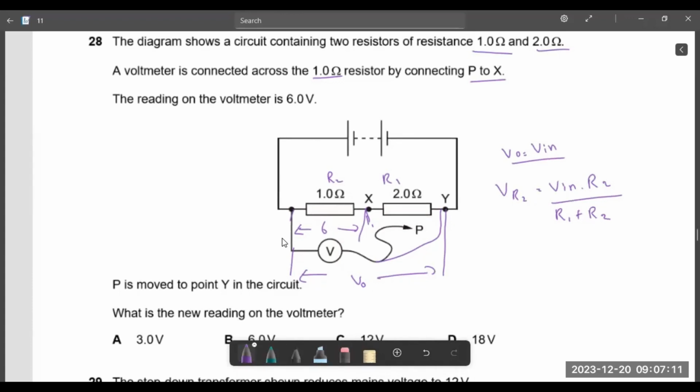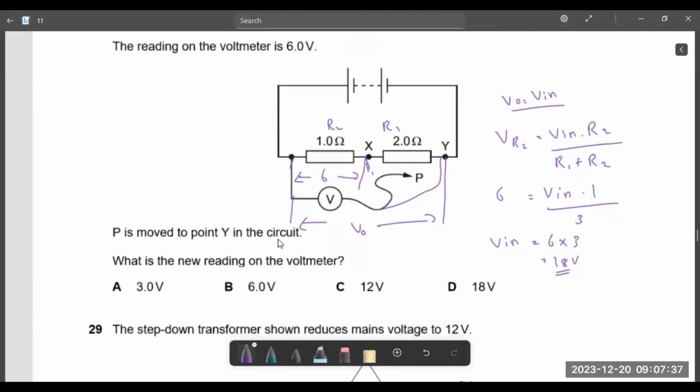VR2, the voltage across 1 ohm, is 6 volt. R2 is 1 ohm and R1 plus R2 is 1 plus 2, that is 3 ohm. So cross multiplying, 6 into 3 is 18 volt. So the right choice is D, 18 volt.